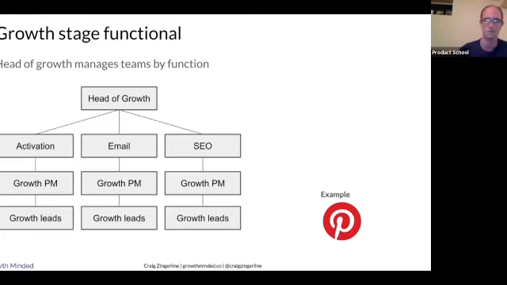If you're SEO specific and you've got strong SEO chops, you could present yourself as a growth PM who specializes in SEO, and have a really fun time leading a cross-functional team of growth people just focusing on SEO. Same with email, same with activation.